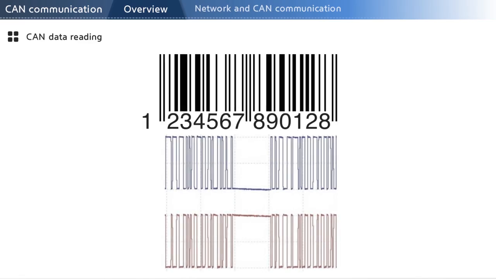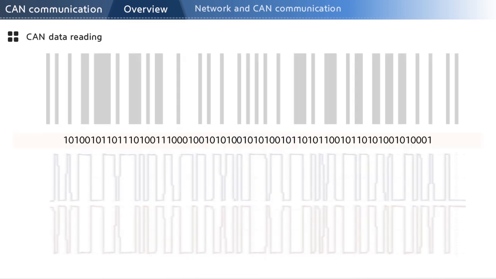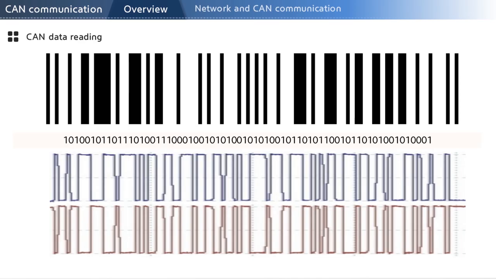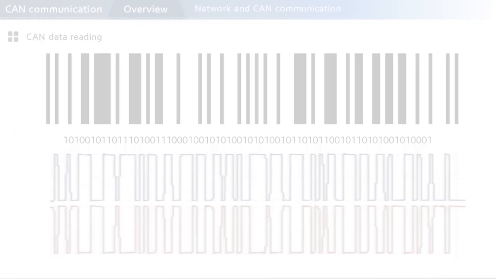Note the similarity between the barcode and CAN communication waveforms. The high and low voltages in CAN communication are converted into the binary language of 0 and 1, and this is how the message is understood.